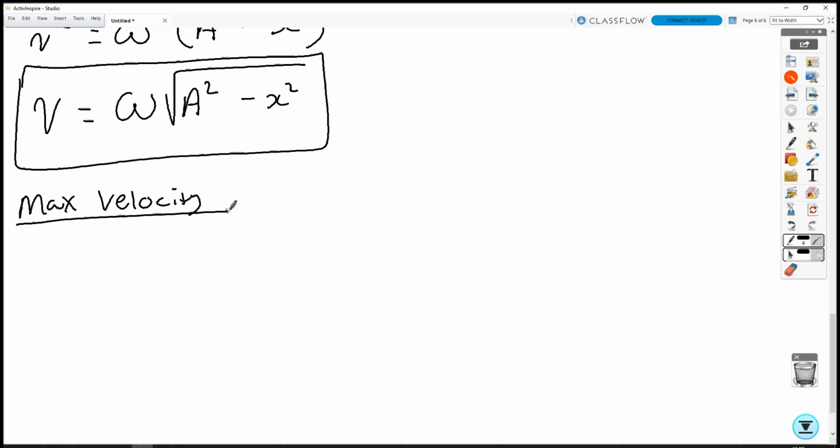So the maximum magnitude of sine or cosine is just 1. Because we don't really care about negatives here, we just want to know about the magnitude. Its maximum magnitude is 1. So the maximum velocity happens when the sine is equal to 1.